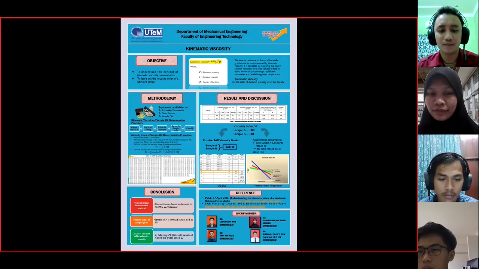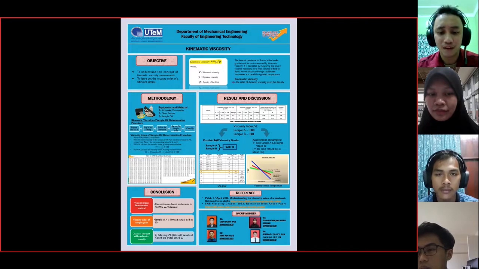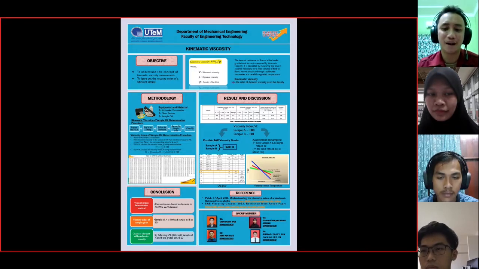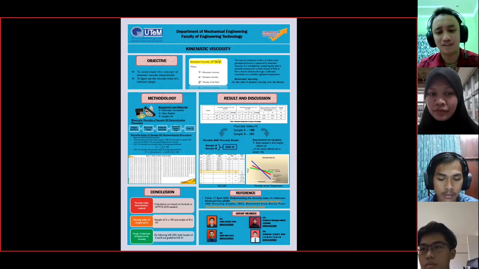After this we will do some settings. Before that, we connect the power cable to the viscometer and turn on the power supply before setting the parameters.